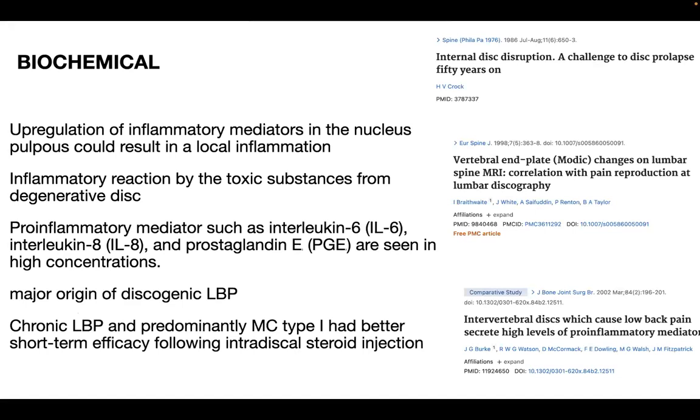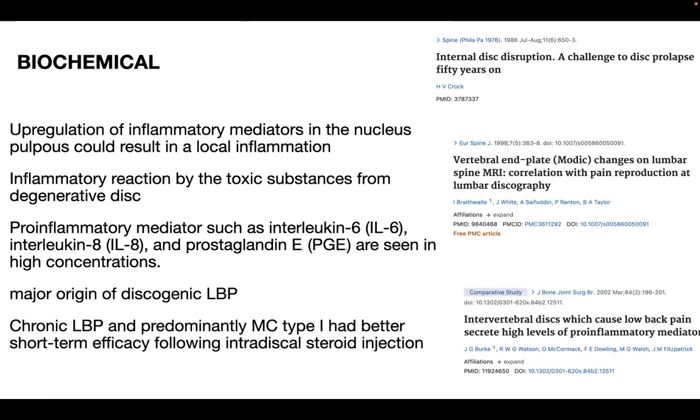Coming to biomechanical theory, biomechanical theory states that there is an upregulation of inflammatory mediators in the nucleus pulposus that could result in local inflammation. This inflammatory reaction is caused by toxic substances released by the degenerative disc disease.